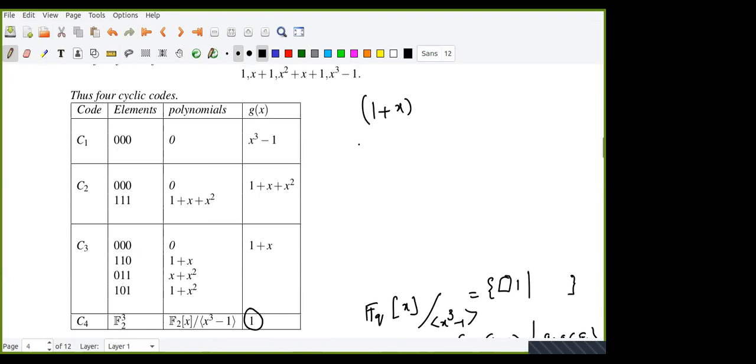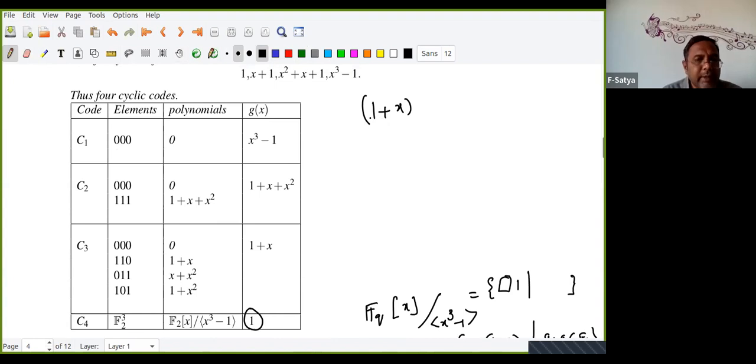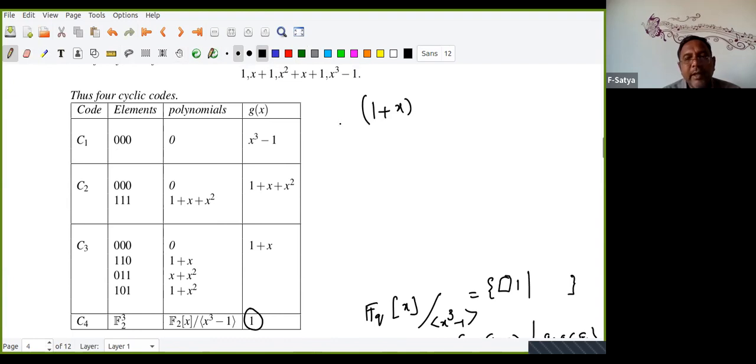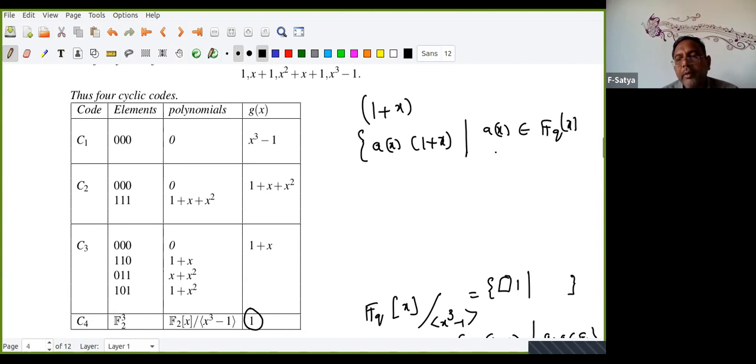Now for this example, what is it that I'm claiming? What is it that you are saying? Let me explain one more time to everyone. Here a(x) times 1 plus x: you are telling me I can take any f(x), but afterwards I will take the quotient with x power 3 minus 1.